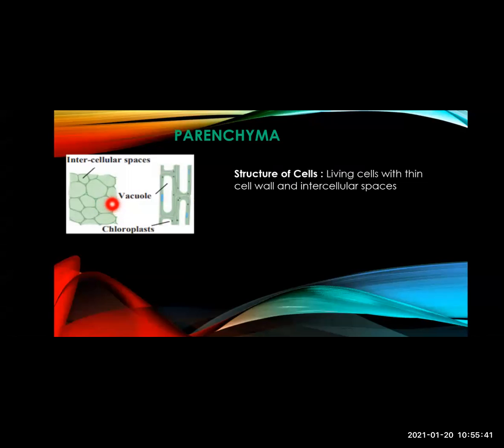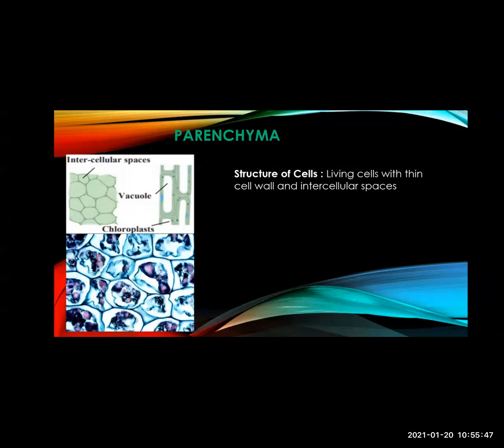This greenish part is the cytoplasm. It is very rich in cytoplasm. This is how a stained slide is seen under the microscope. You can see the intercellular space is very negligible. The cells are very closely attached to each other.